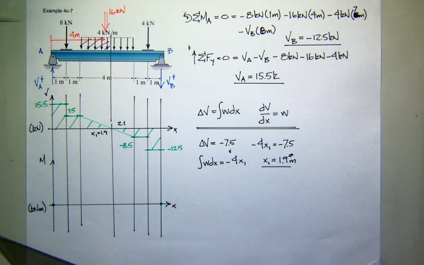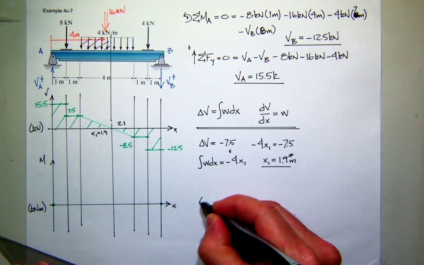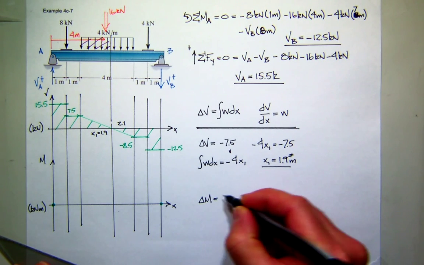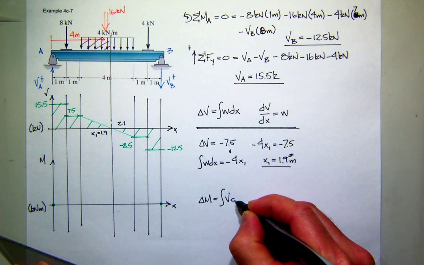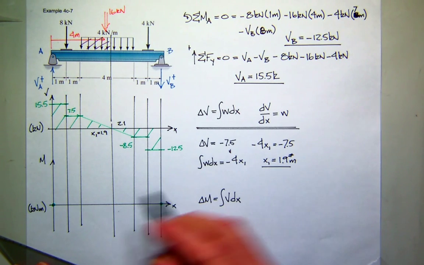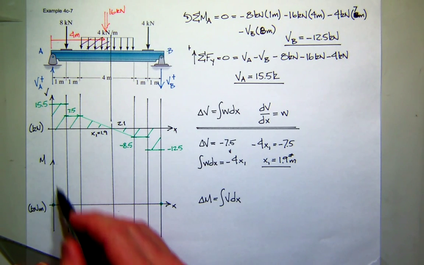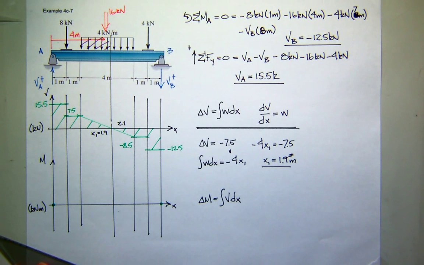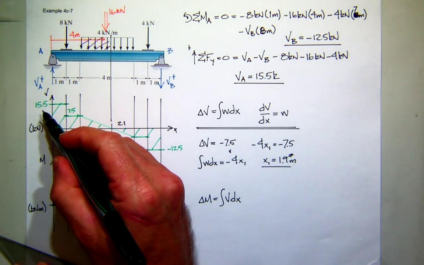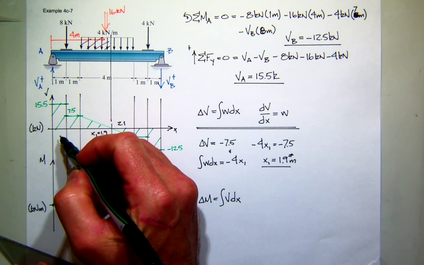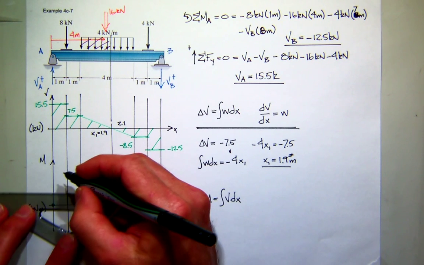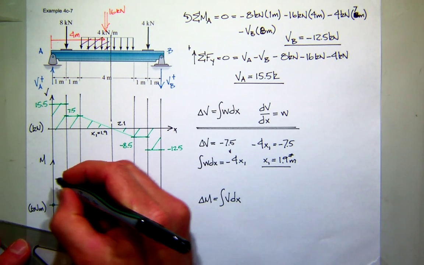Now the process we're going to use is that the change in moment is the area under the shear diagram. So let's start here. First meter. What's the area under the shear diagram? 15.5 kilonewton meters. It's going to be 15.5 times 1, and that's positive. So I'm going to go up to 15.5.